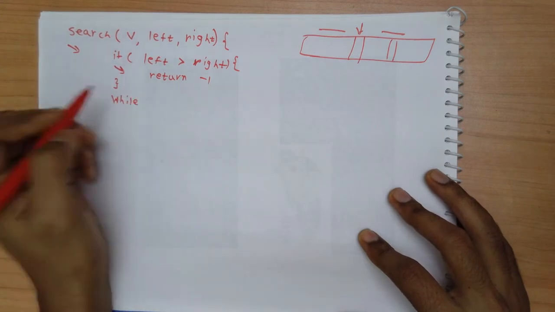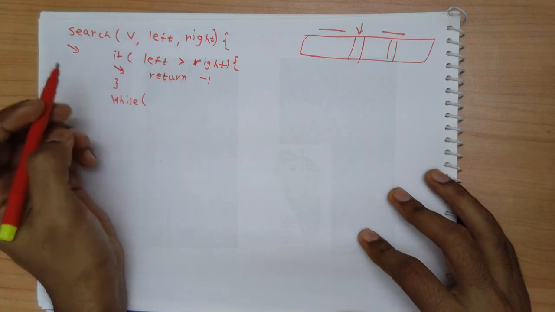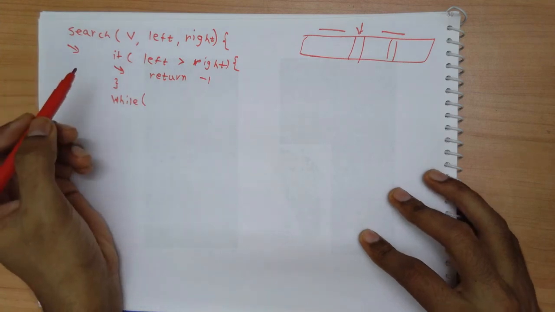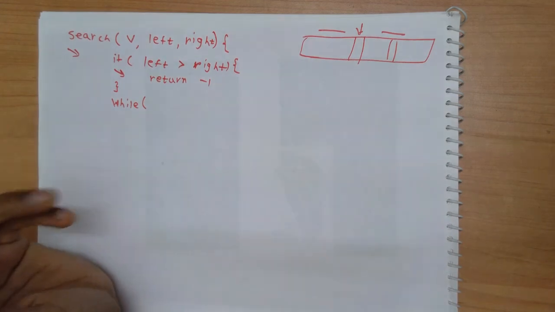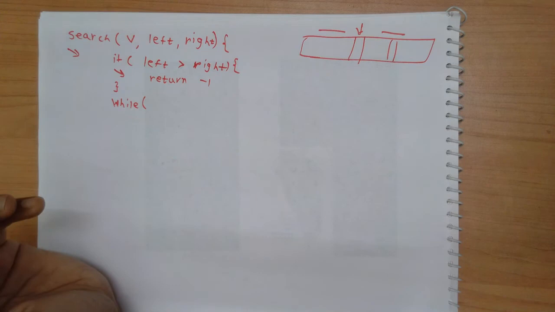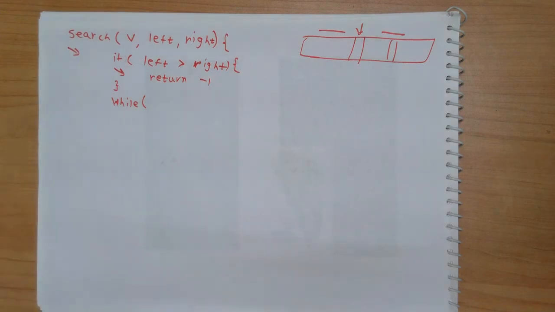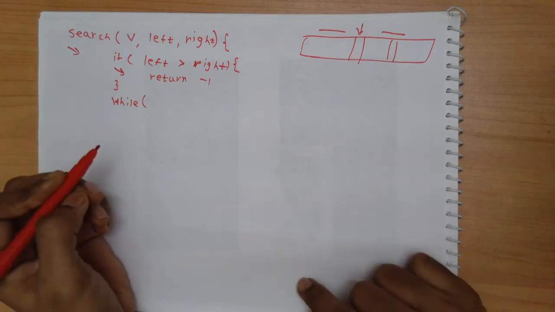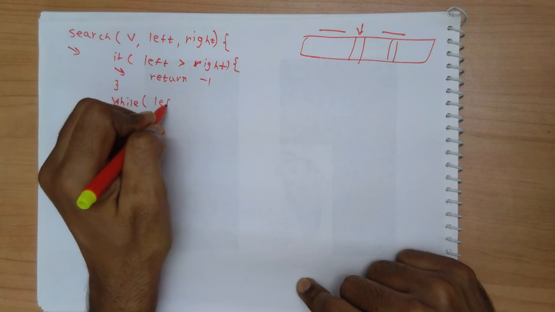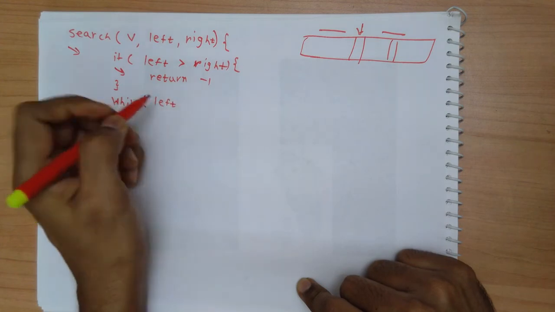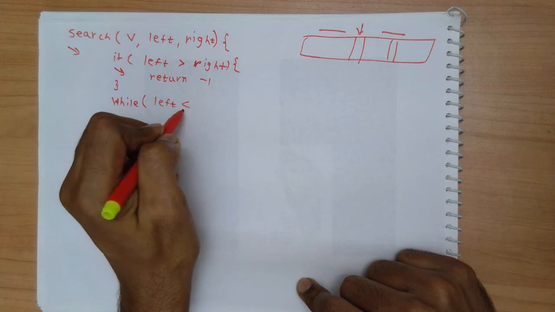For this looping construct, something should be true. The requirement is that we have to search only if left is less than or equal to right.